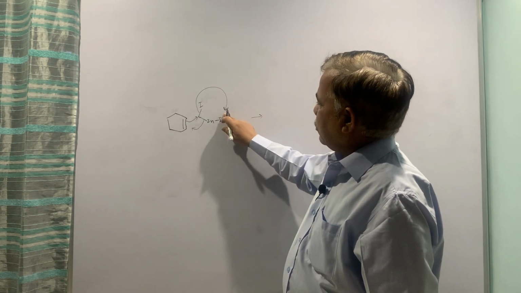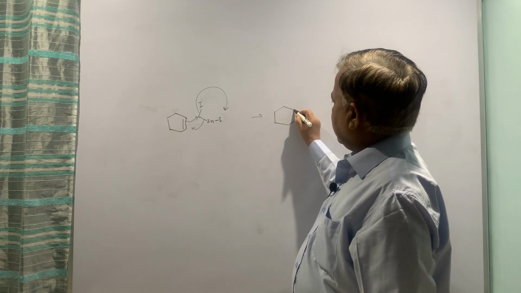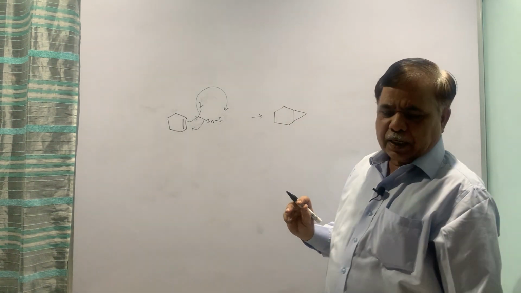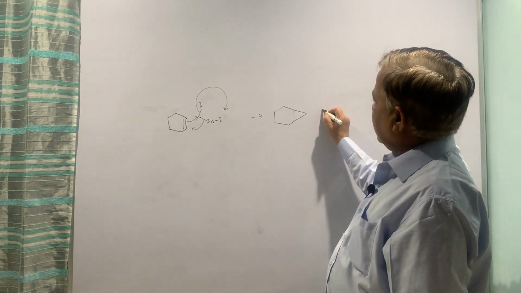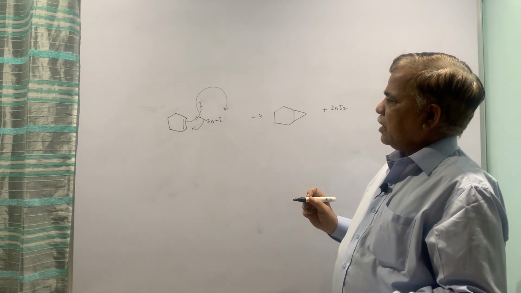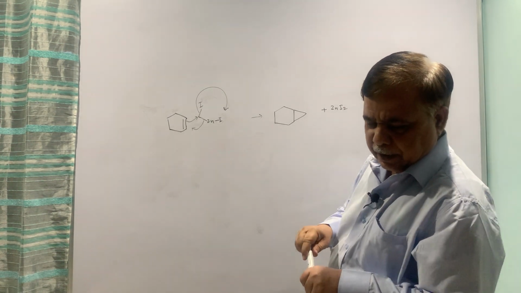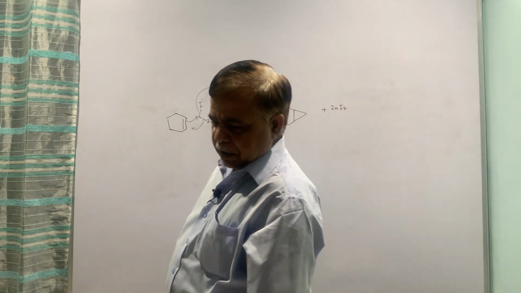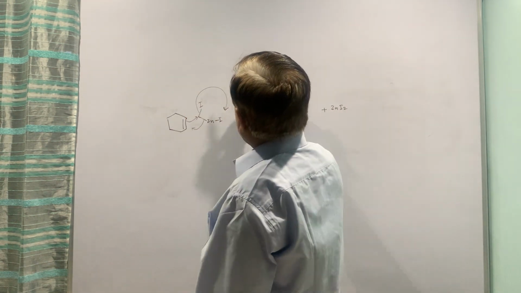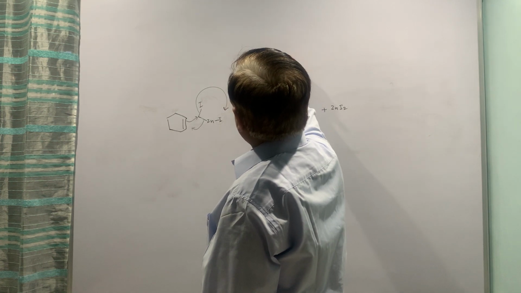So as a consequence of this, what will happen? You will get the cyclopropane ring, and outgoing will be ZnI2. So that is going to be the outgoing entity. Now this is your Simmons-Smith reaction. I am just putting the name here, Simmons-Smith reaction.